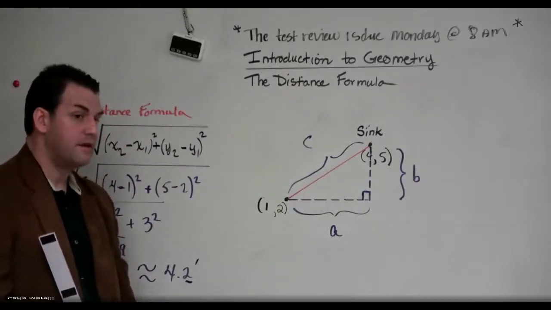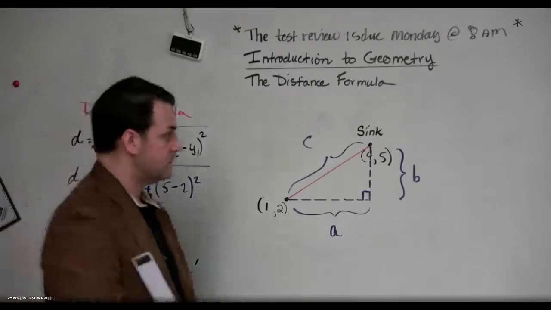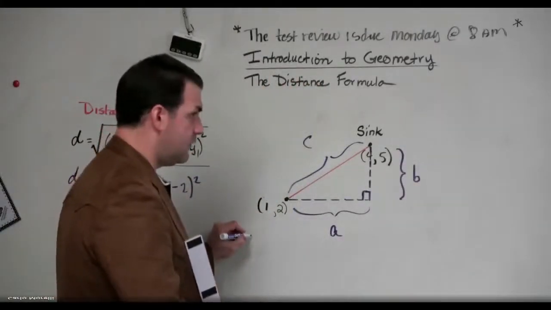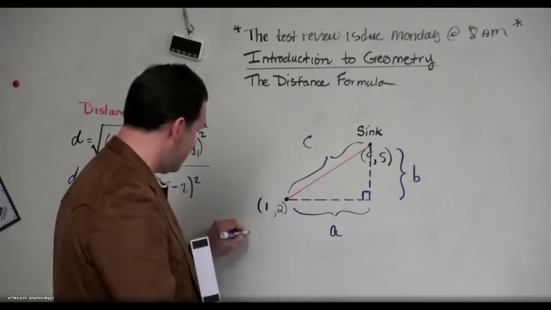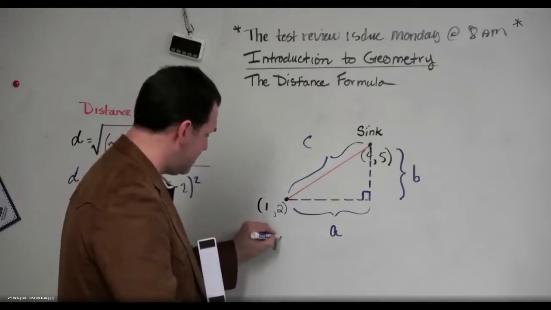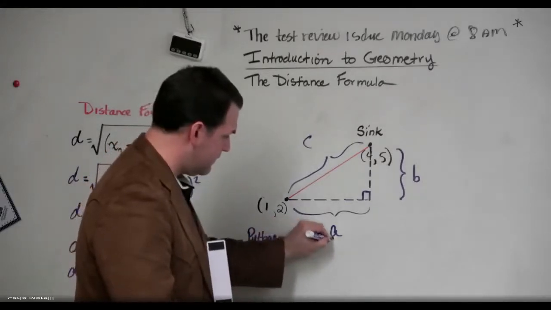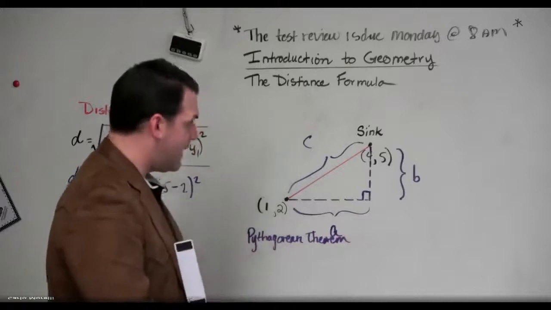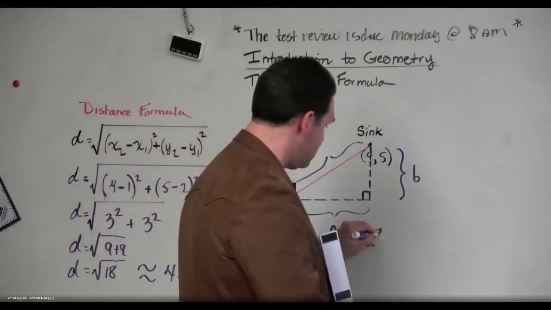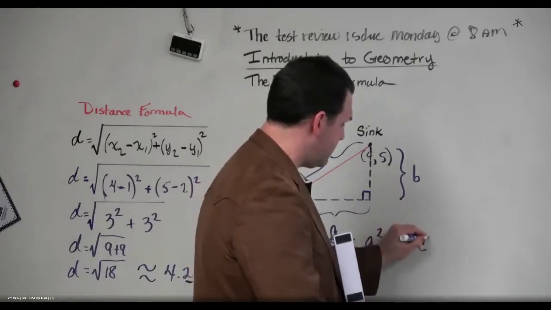So, does anybody remember the Pythagorean theorem? Close. You got all the letters. A squared plus B squared. The Pythagorean theorem states that a squared plus b squared equals c squared.